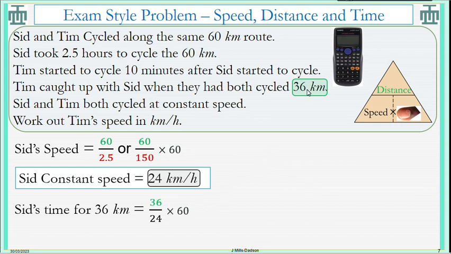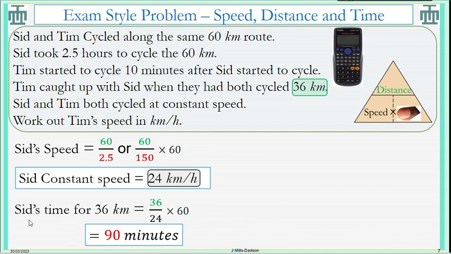Distance divided by speed will give us time. Distance divided by speed, and of course we multiply by 60 so that we can get it in minutes. If you don't multiply by 60, you're going to get a decimal number in hours, but it's best to understand it in minutes first.